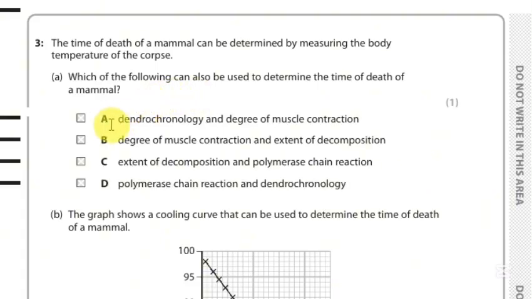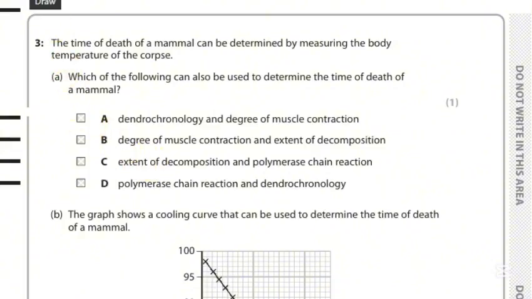Option A says dendrochronology and degree of muscle contraction, but dendrochronology is the study of tree rings, so it's not right. B is degree of muscle contraction and extent of decomposition.